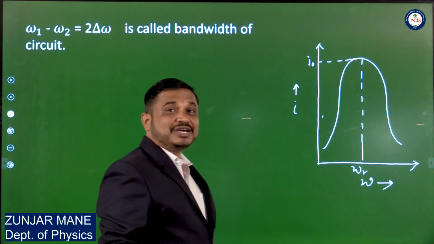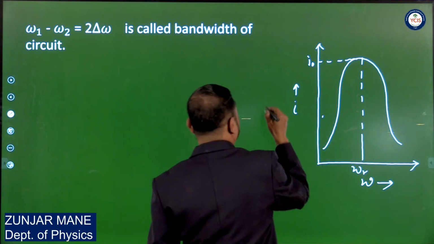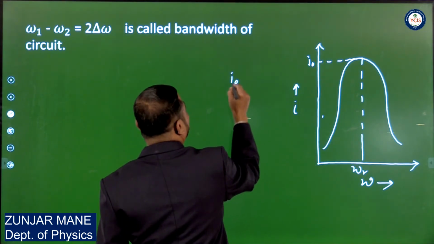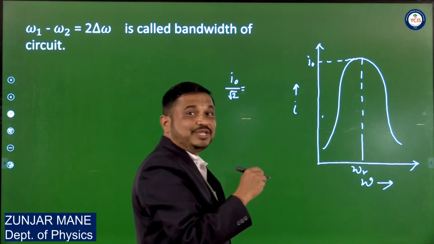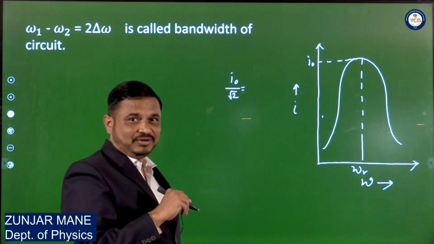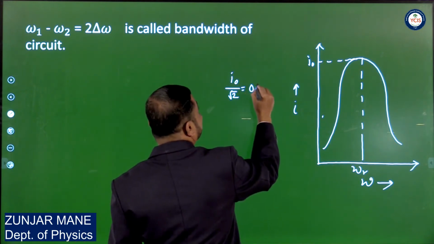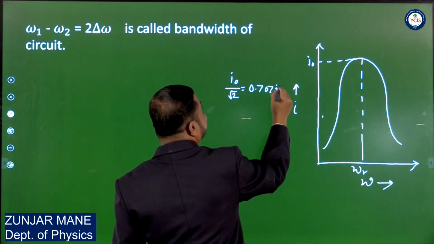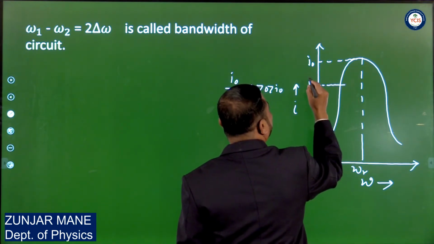Now choose the current I0 upon root 2, that is 1 upon 1.414, which is equal to 0.707 I0. Now suppose this is I0 upon root 2.